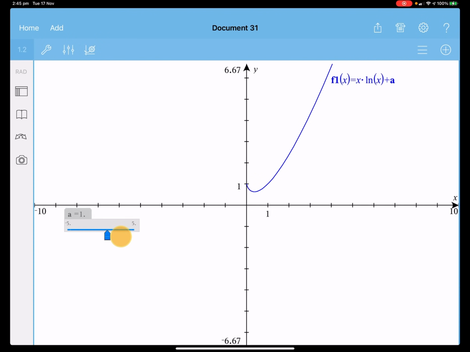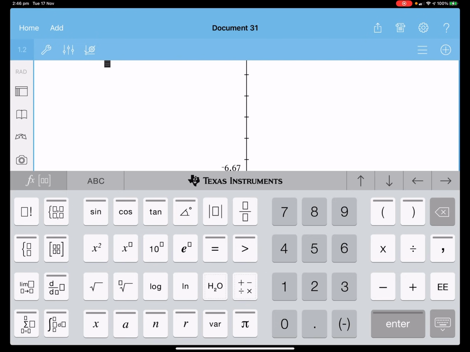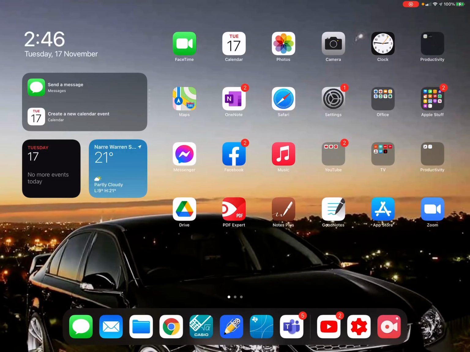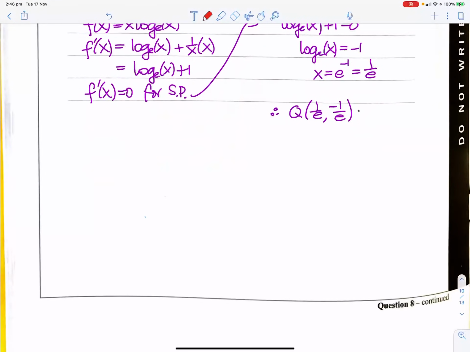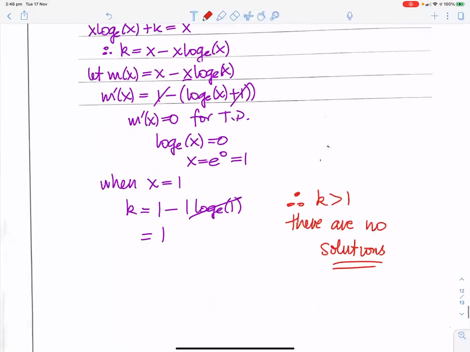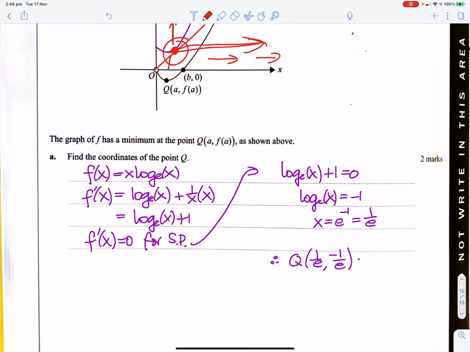So as k gets larger, it's going to move further and further away. We can't get the inverse because it won't allow us to, because we've got a log function and mixed function. But you can see as k increases, if we were to sketch its inverse, you would see that they break away from each other and you're not going to have any solutions. So k has to be greater than 1 for there to be no solutions.